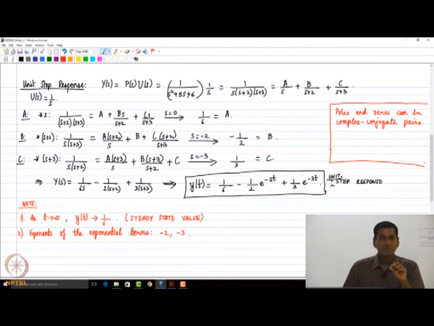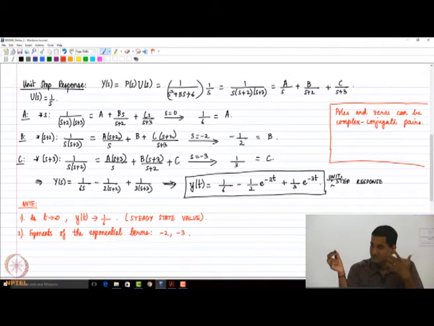So we would observe that the exponents of the exponential terms in general would be the real part of the poles. In this particular example, minus 2 and minus 3 are real numbers, the imaginary part was 0. That's why we have the terms e power minus 2t and e power minus 3t.